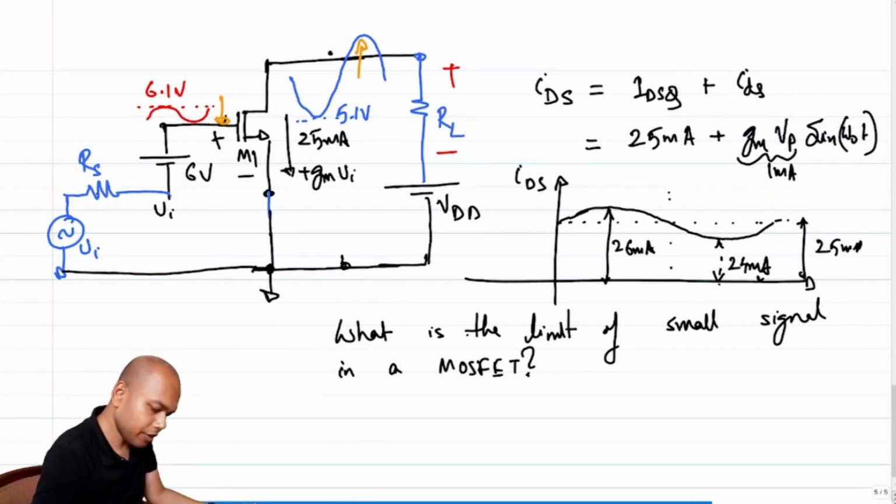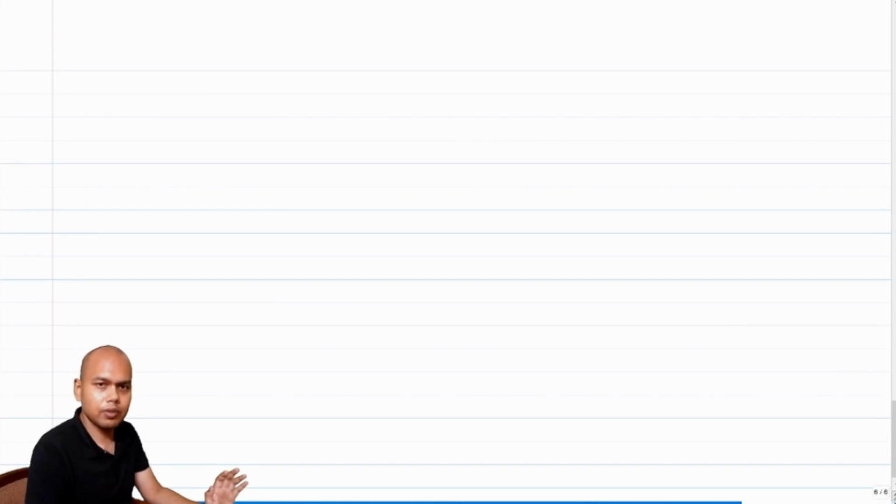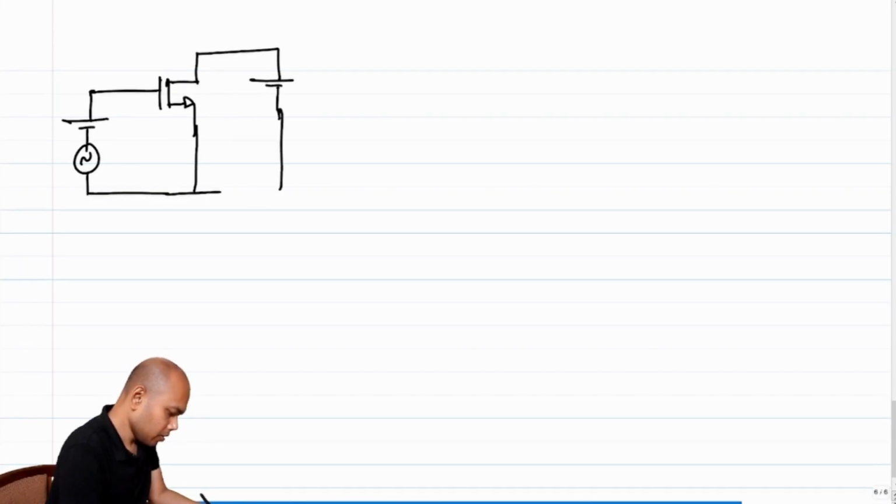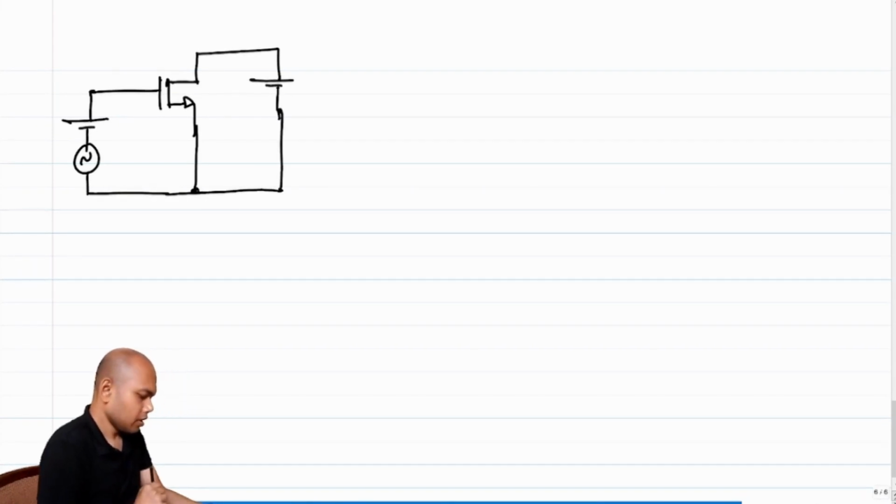Let's take a vanilla MOSFET that has been biased in saturation into account and try to make a case for it, right? So let's assume the transistor is in saturation and I have biased it as such, the same thing that we have done till now, right?